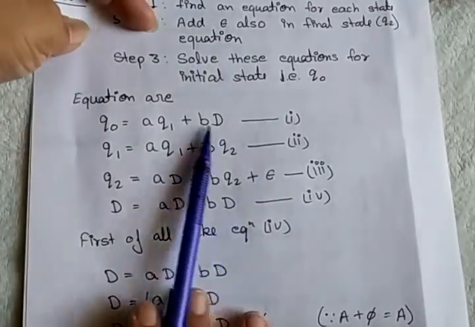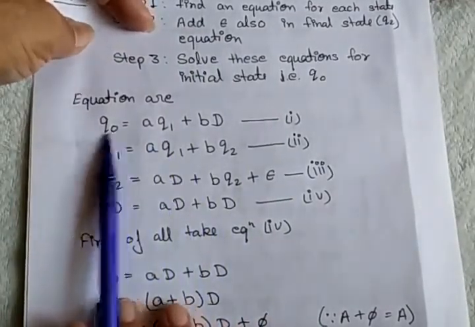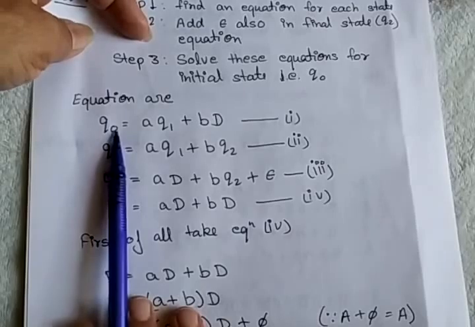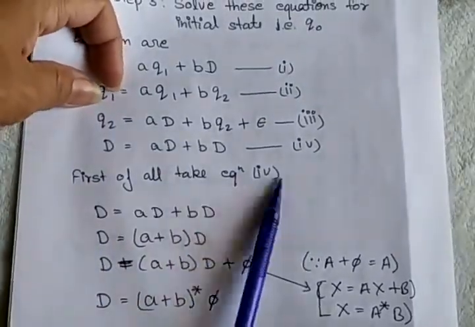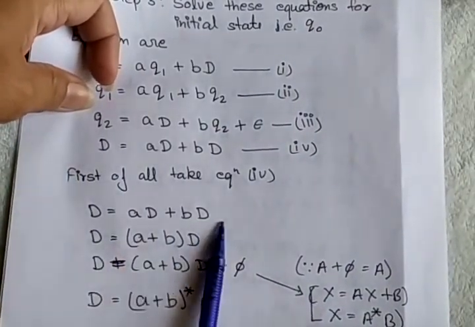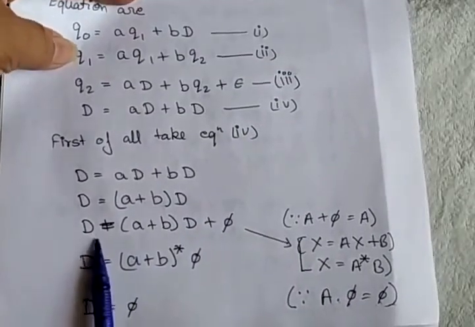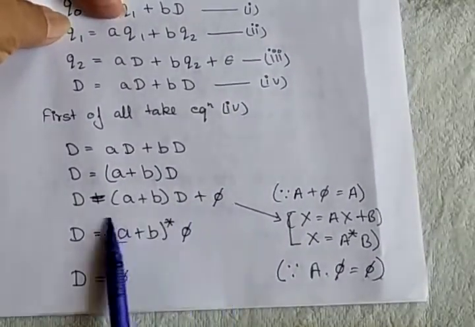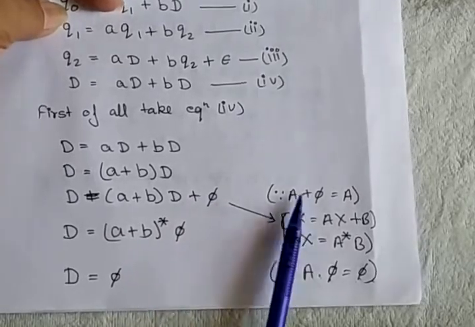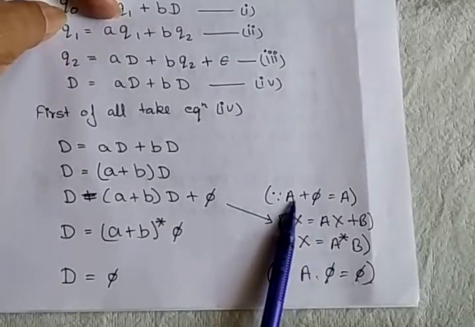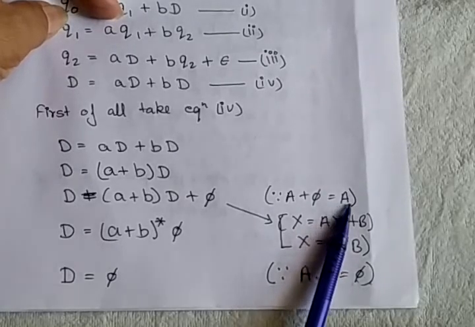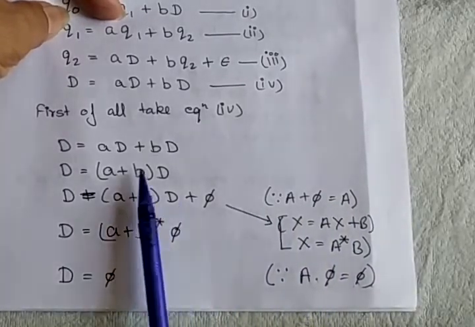Now we need to solve all these equations. We need to find the solution for Q0, because Q0 is the starting state. First of all, take the equation D is equal to AD plus BD. We can take D as common. Here we can add phi, because if we add phi to any symbol or expression, the result will not be changed.